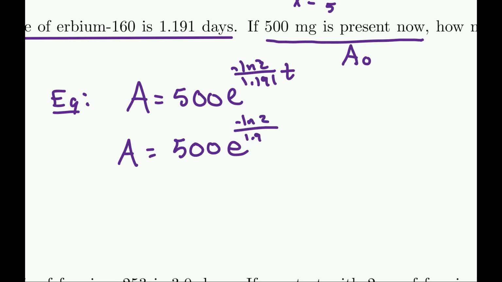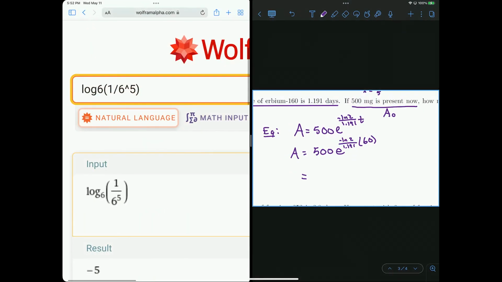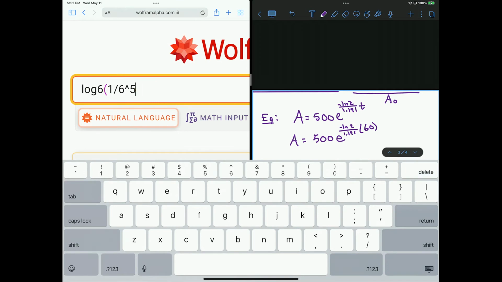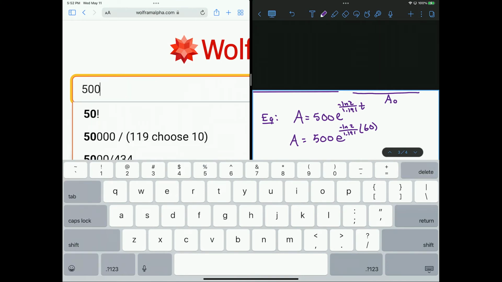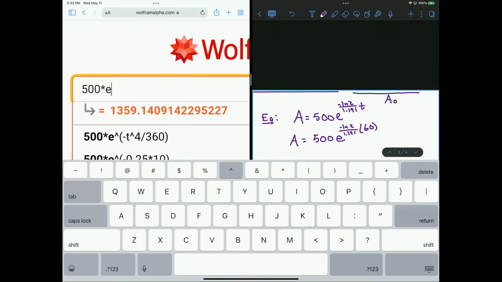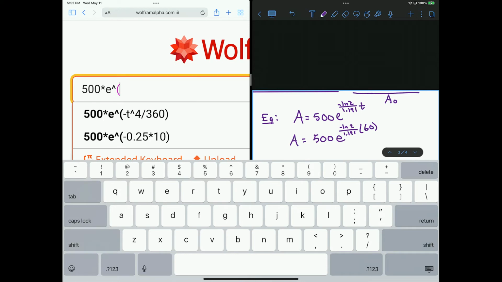This is our half-life stuff. I keep writing a 9 there instead of 191. And then your t is going to be 60. So we just punch this into a calculator and we're going to get a number. I'll do this one on computer instead of a calculator. So what do we have? 500, e to the parentheses.